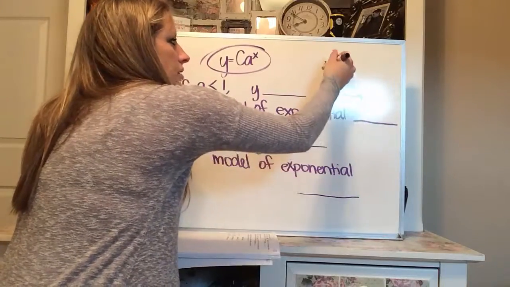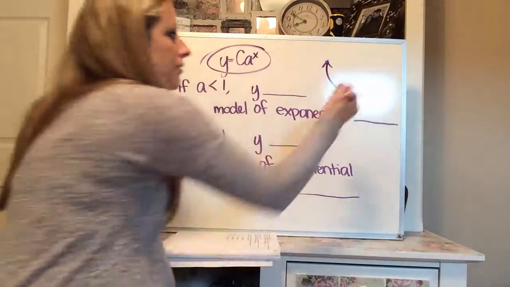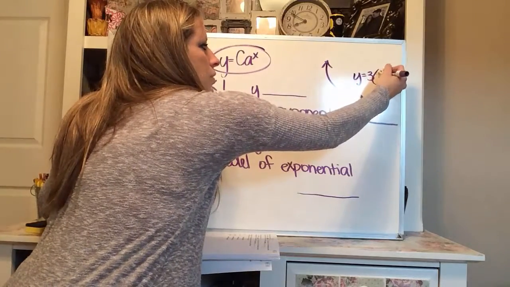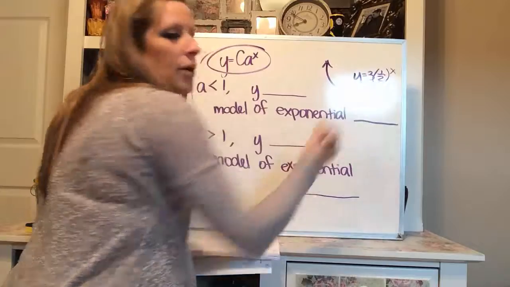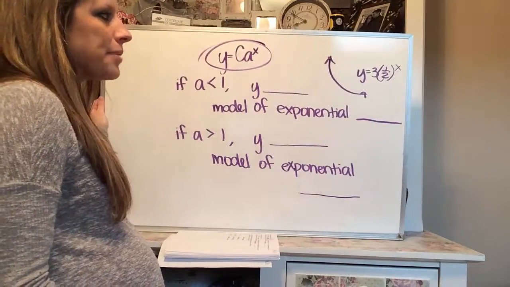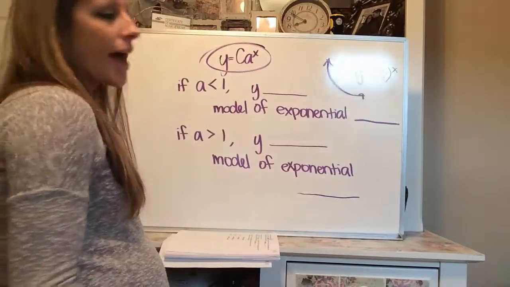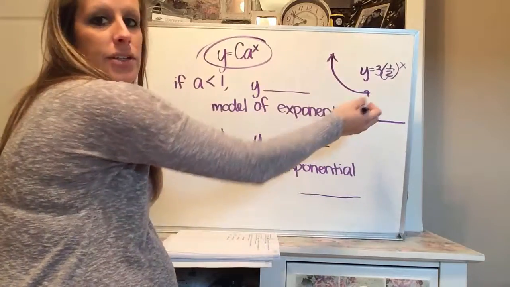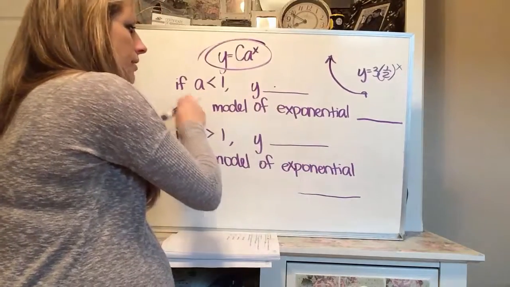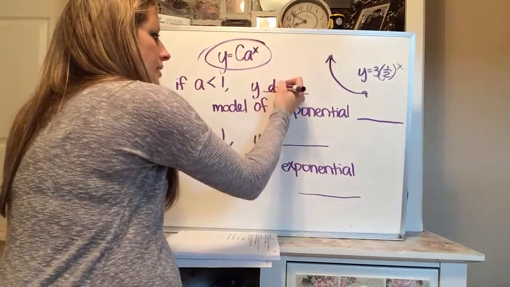We had a base of 1/2, I believe, 3 times 1/2 to the x power. Whenever you had a base of 1/2, my y was decreasing. So that's what goes in the blank: if a is less than 1, y decreases.